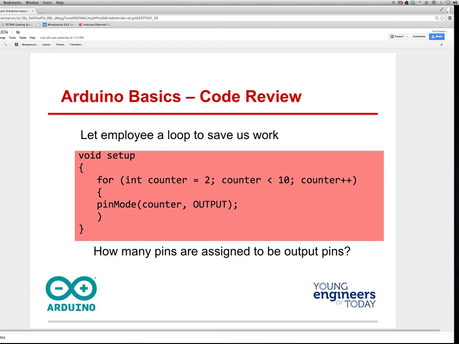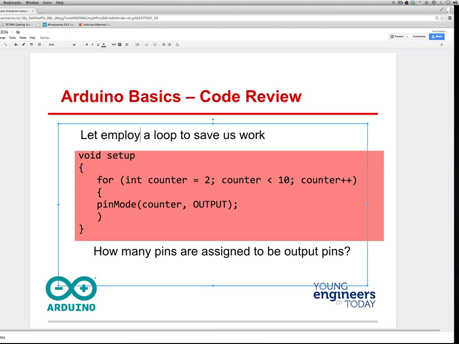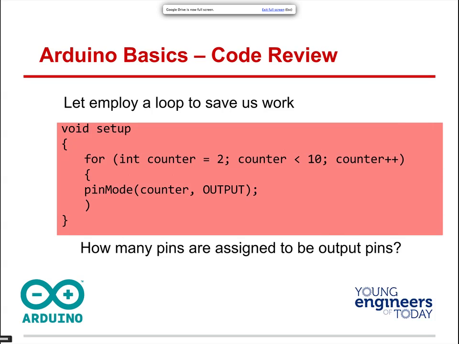Now, once we have that, here we go. We're going to say for integer counter equals 2, because we're starting at pin 2. We're not using pin 0 and 1. Just start at 2. Counter is less than 10.